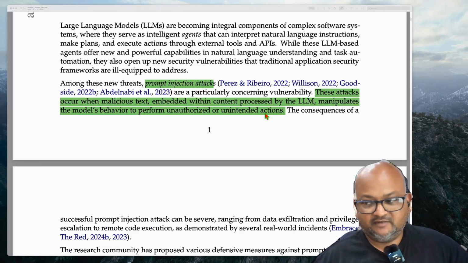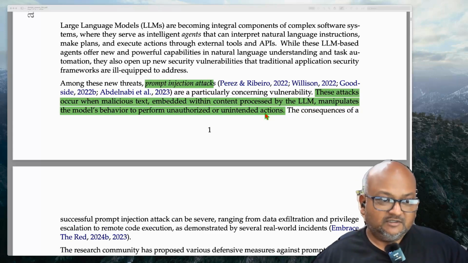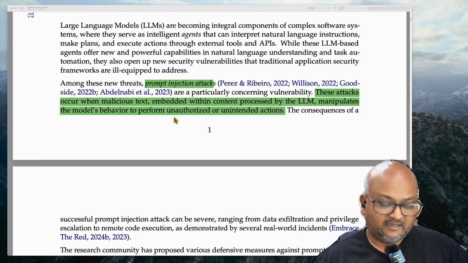For example, if your application is summarizing documents or emails, those documents or emails might contain attacker-supplied text, which can end up being malicious instructions to the LLM. And what happens as a result is that the model is then able to perform some unauthorized or unintended action, like sending secret data to some email, for example.